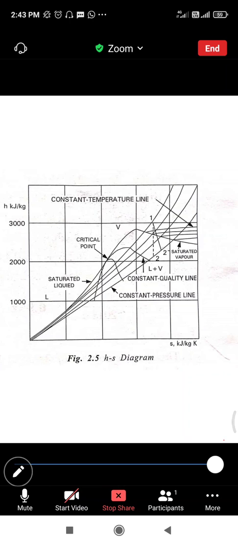Till now we have discussed what steam is, what the properties of steam are, and how the formation of steam takes place.